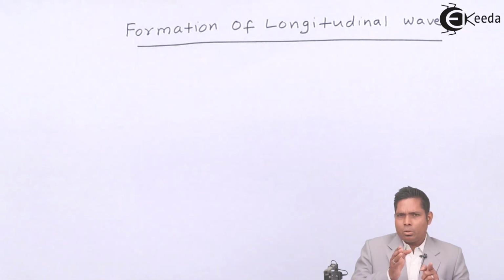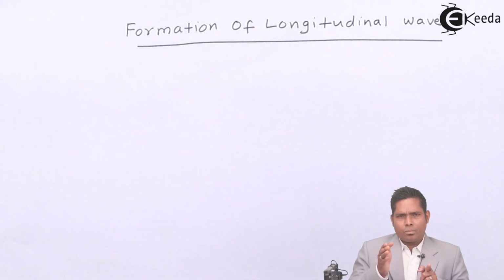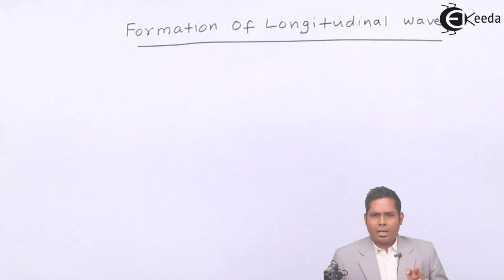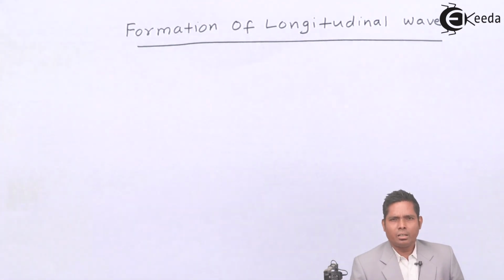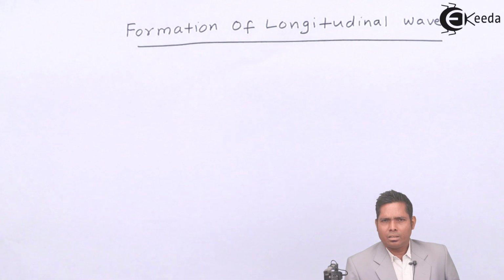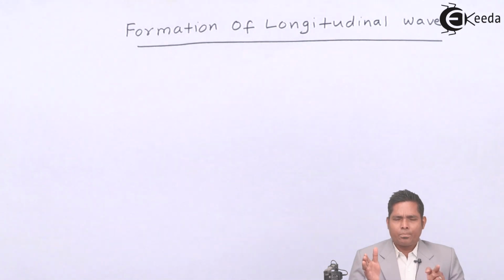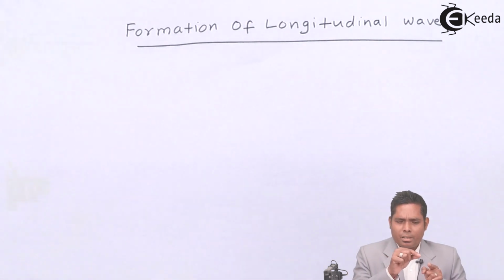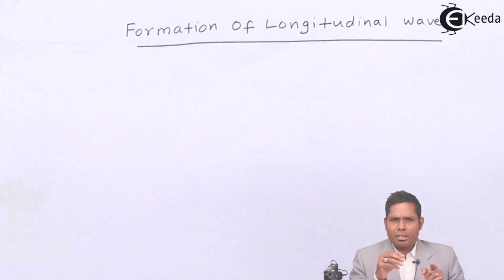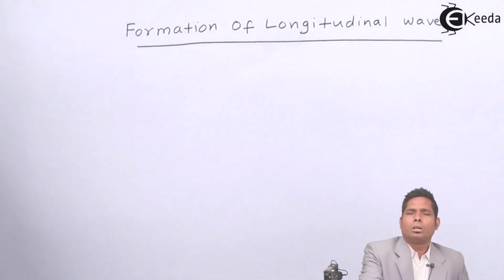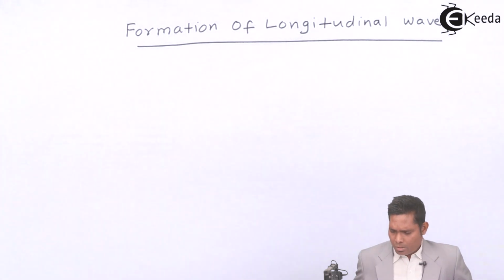So we'll divide the time into T by 8, T by 4, then 3T by 8, then 4T by 8, and so on, and we'll reach 8T by 8. During those times we'll see, as the particle gradually moves from one time step to the next, what will happen to the other particles nearby.